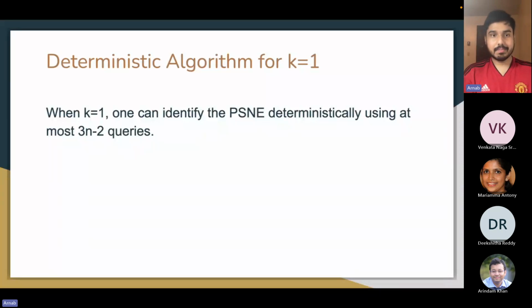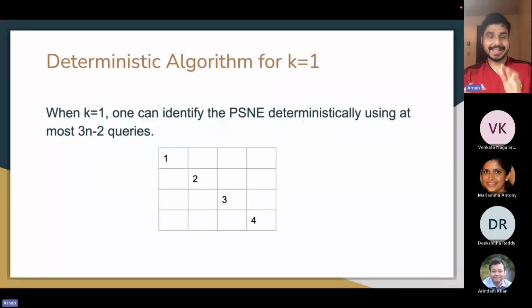This algorithm is totally different in style from our randomized algorithm. That's why we cannot apply it to higher dimensional matrices. The key part of the algorithm is this particular property. The queries essentially take place diagonally.